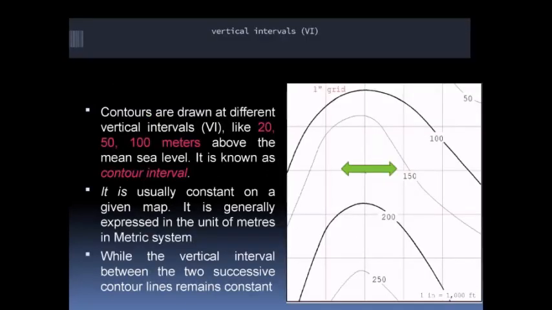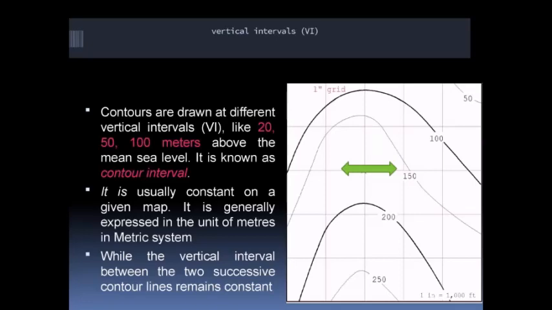Vertical interval is used to know the vertical level of a region. These are the lines which show the vertical distance between two successive contours. In such a way, no measurement or scaling is required, since the contour levels are indicated on the contour lines. In a given map, the contour interval is constant.